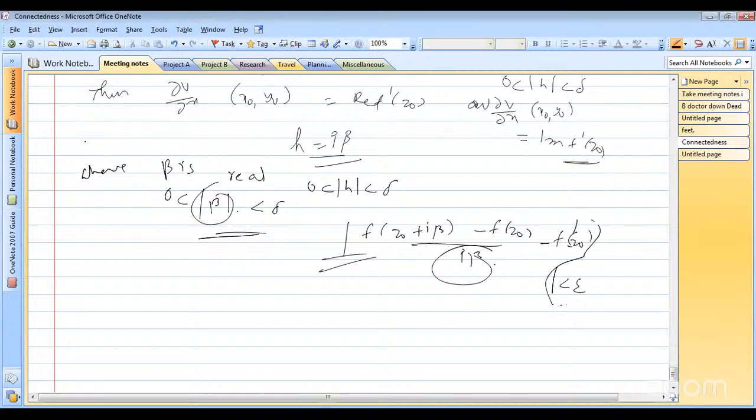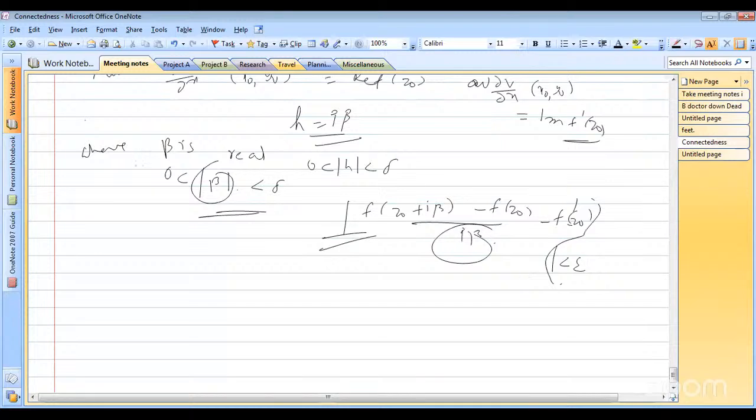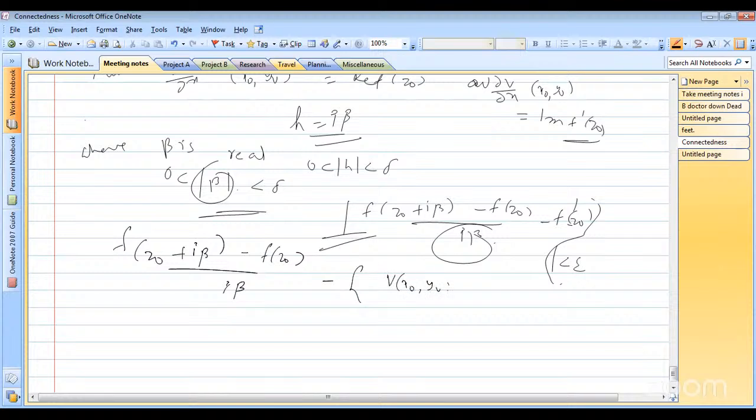But even so, we still have to write f of z naught plus i beta minus f of z naught, divided by i beta. That is v of x naught, y naught plus beta, and so on. So in place of i beta we separate the real part and the imaginary part, again separating the imaginary part here with the beta, because with the beta the imaginary part is being separated.